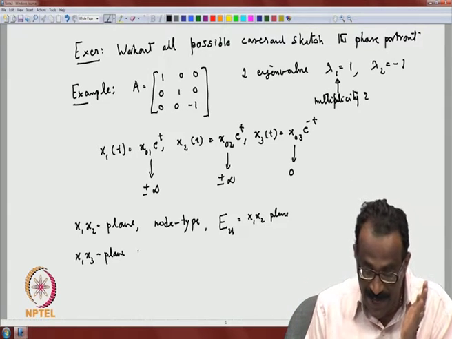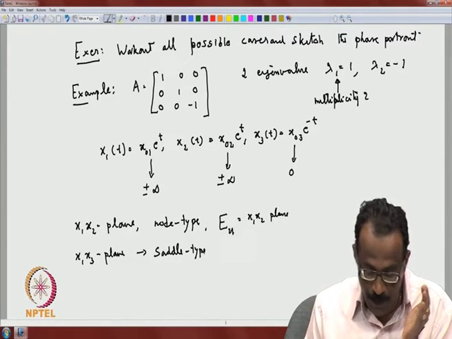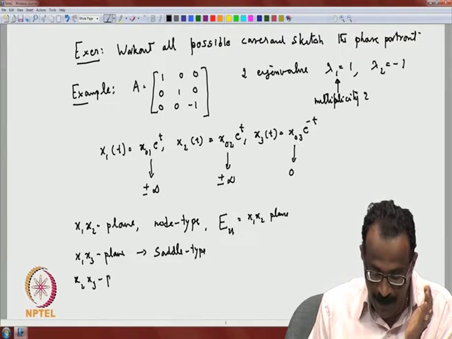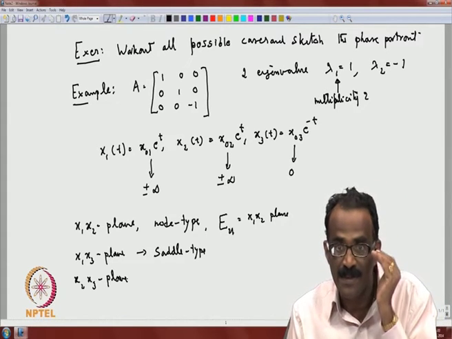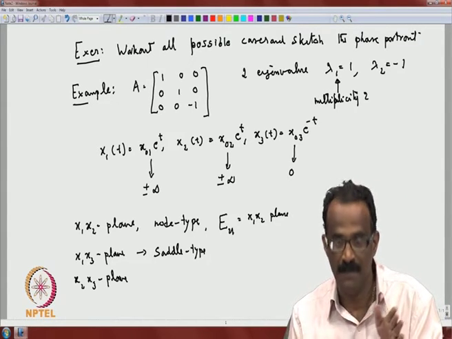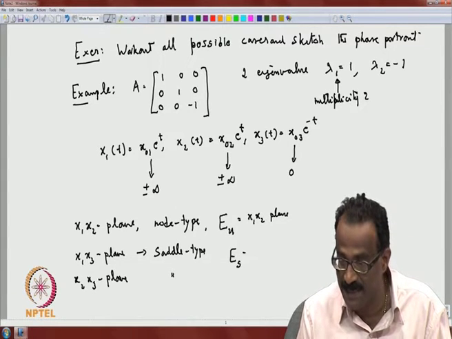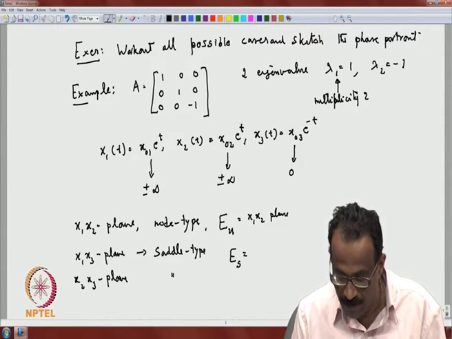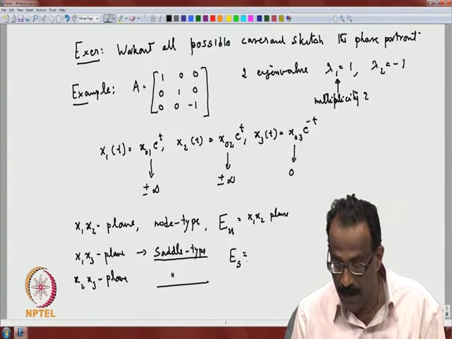So, you have a saddle type actually, and this is the same thing when you look at the x2 x3 plane. If you look at these trajectories restricted to these planes, the trajectories will remain there itself, and you will again have the saddle type. It is a saddle type and you do not have a stable part there.